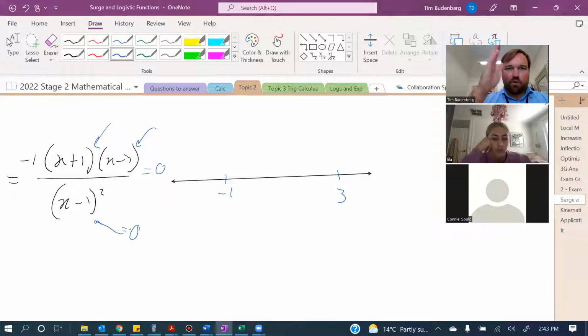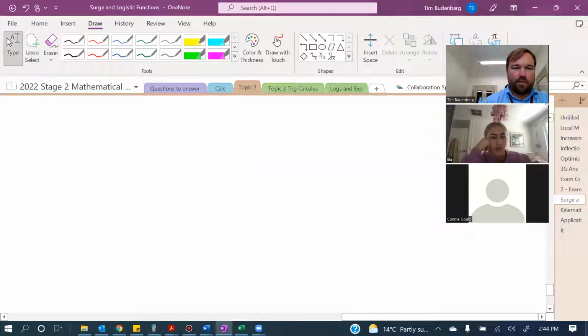Have I done a thing where I draw a table of values to show why that happens? I don't know. All right, I'll just do it quickly now. Consider the graph of y equals 3 on x.